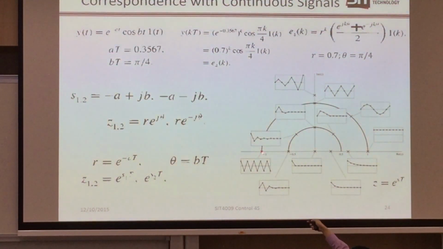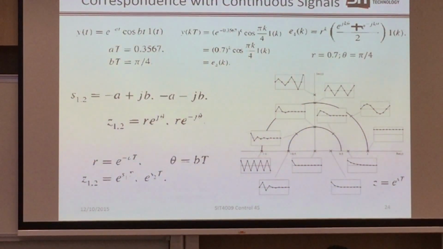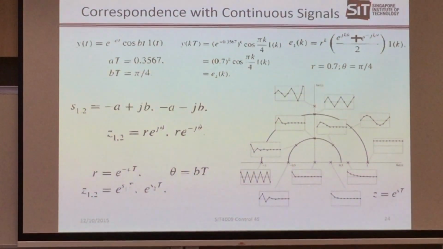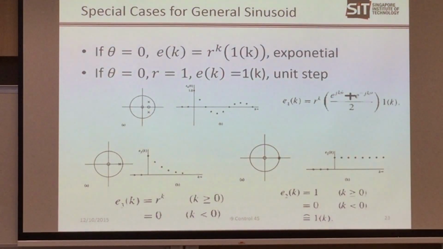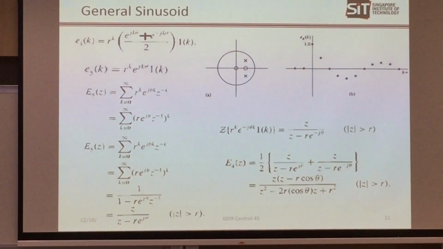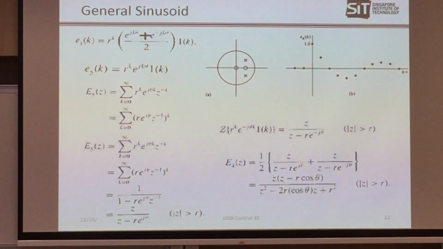If this one goes to pi, it's a cosine function. Do you see a cosine function? And anything in between is a general cosine sine function with exponential. So this covers the general cosine sine exponential functions, representing any position in your polar form.